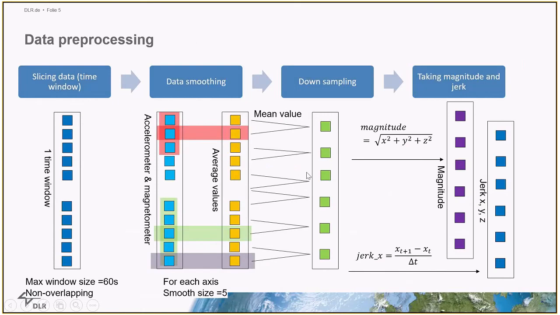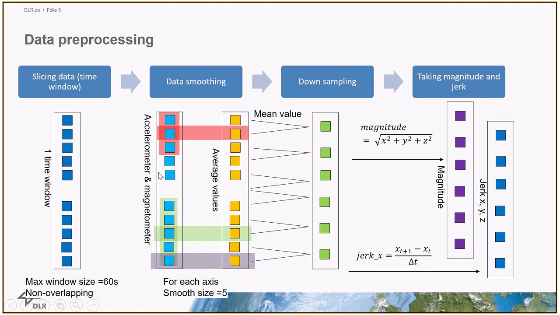Now let's do data pre-processing. The first step is slicing data. The original time window is 60 seconds and non-overlapping. We will explore whether different window sizes can improve the performance. Later, we will show the results of different window sizes. Then is data smoothing.